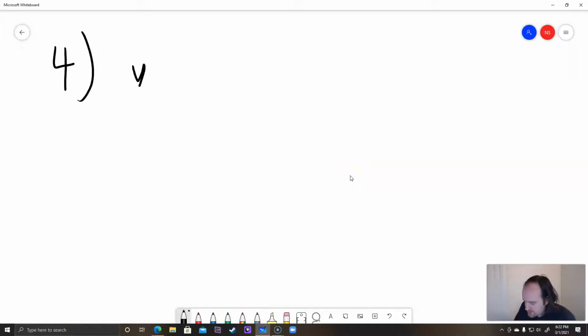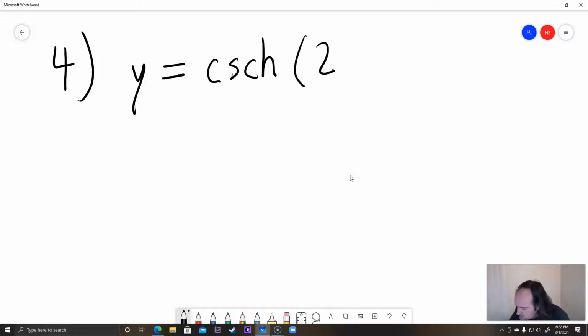So for this one, we have y equals cosec. So that's hyperbolic cosecant, but I say cosec. So it's cosec of 2 theta times the quantity 1 minus ln of cosec of 2 theta.